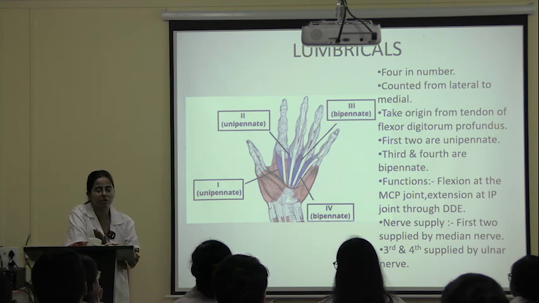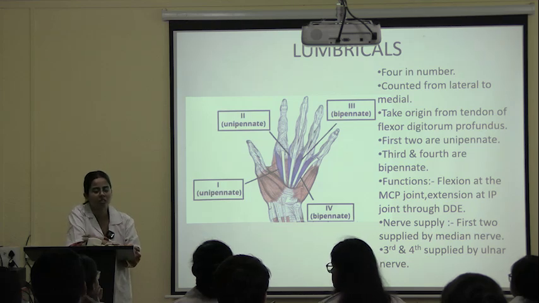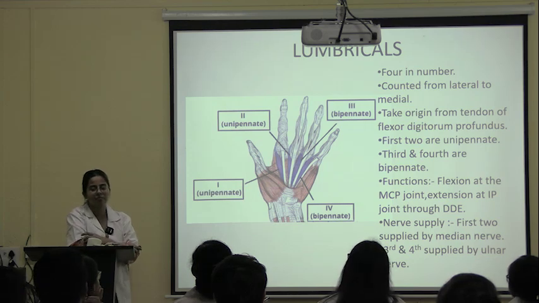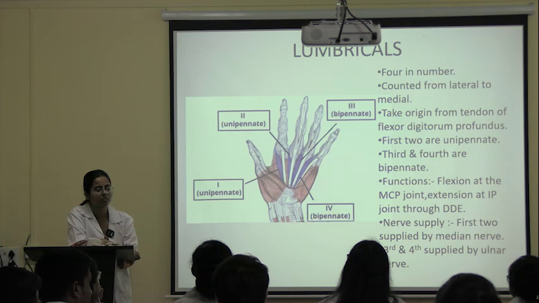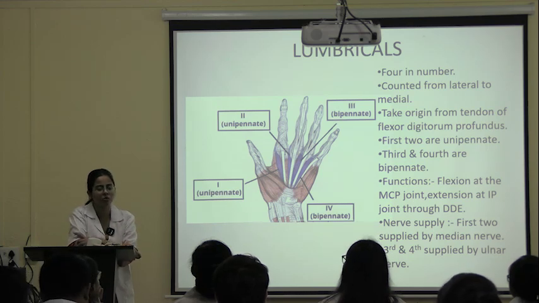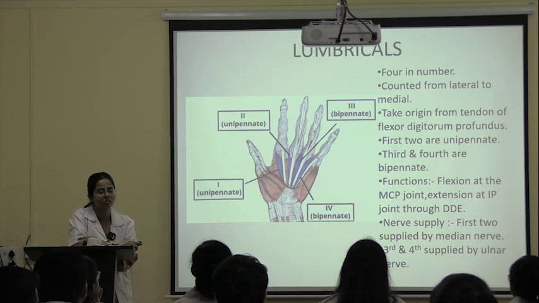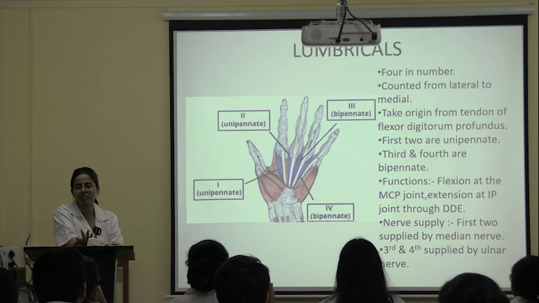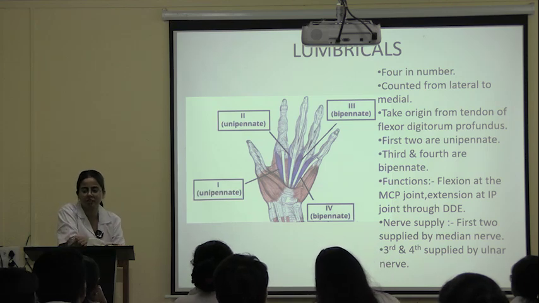You have understood now what is dorsal digital expansion. Can anyone tell what I have told? You may be wrong, you can tell, it's okay. Expansion of the extensor tendon. Clear now? Expansion of the extensor tendon will form the dorsal digital expansion.